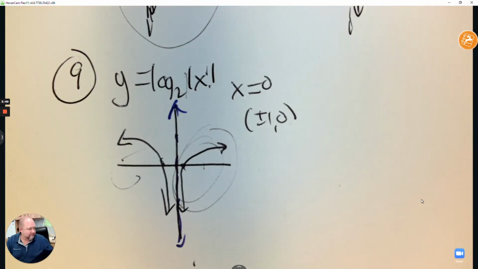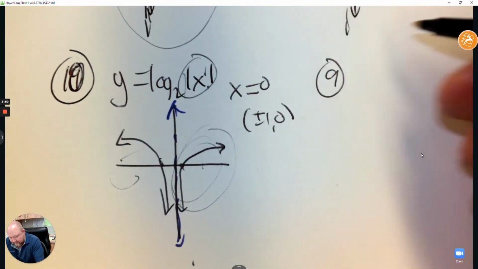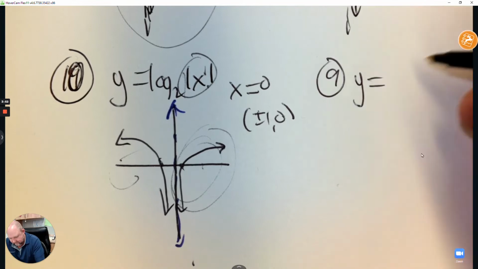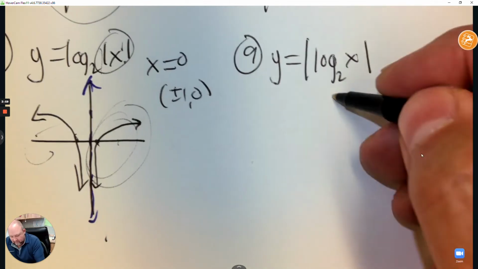Number 10. Oh, wait a second. I just wrote number 10. This is number 10. Number 9 is this. What would that graph look like?